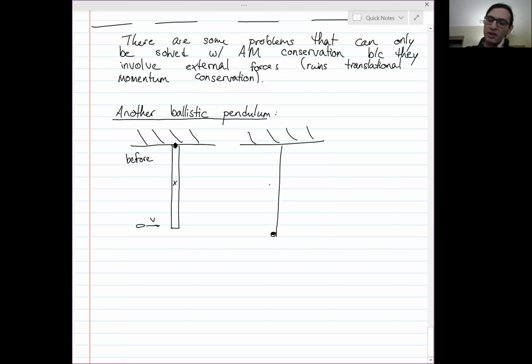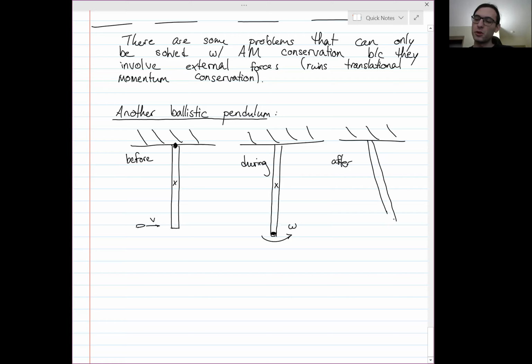I don't actually mean to make this longer or to change where the center of mass is, because we're going to treat the bullet not as part of the rod. And now, at this point, the ballistic pendulum is swinging, and then after it's reached maximum height, say, this is after it started moving. Your ballistic pendulum is rotated to some degree.